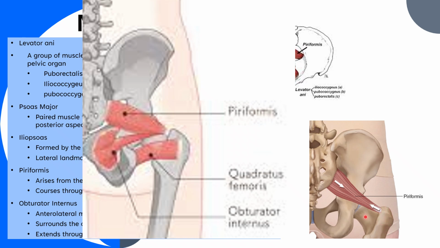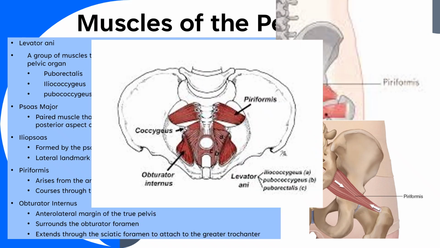femur. Okay, and then we have our obturator internus. The obturator internus, again, starts in the true pelvis and makes up the anterior lateral border of the true pelvis and surrounds the obturator foramen. So that's another hole that's surrounding it.